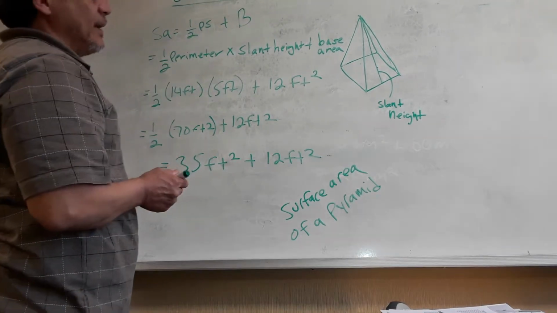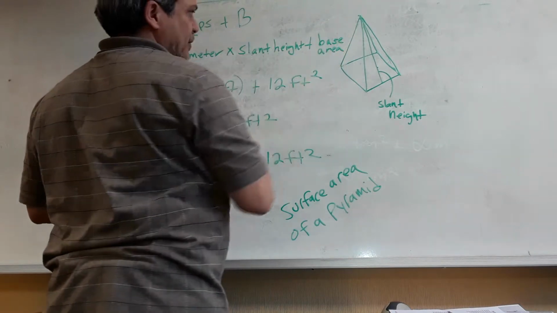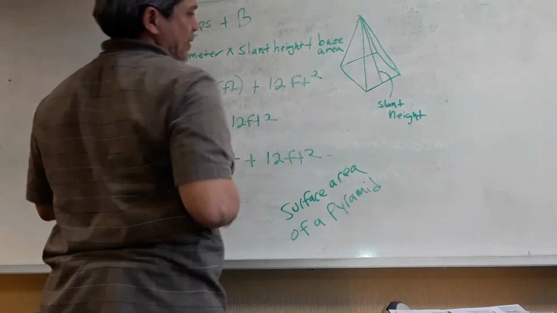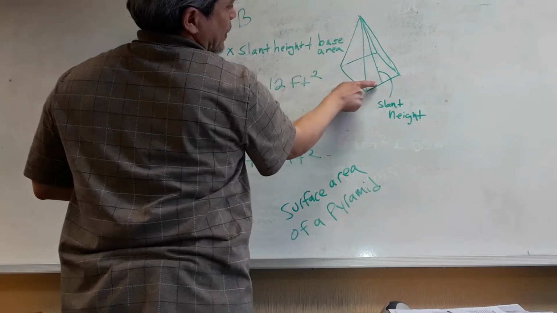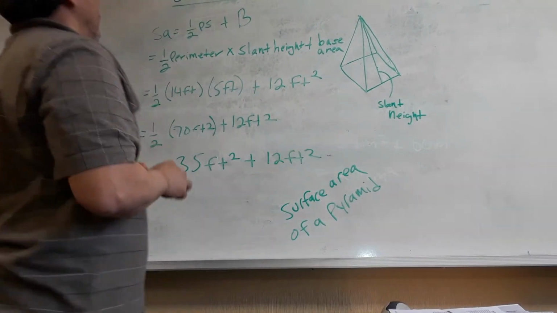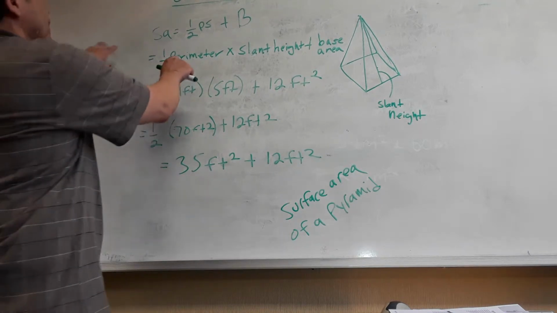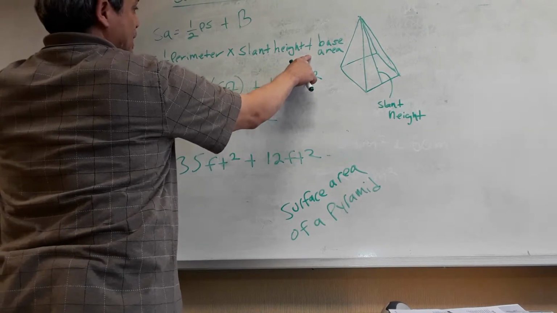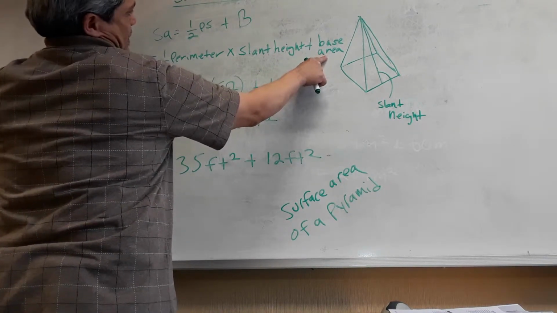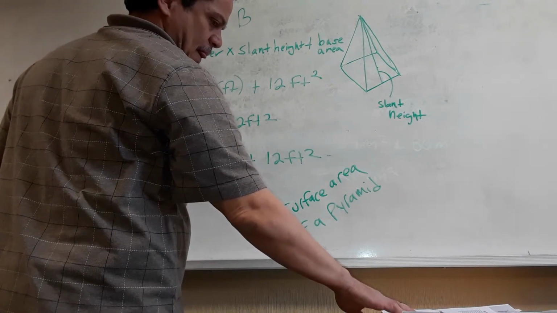Now the slant height is a line from the apex all the way down to the base. That's your slant height. So remember, 1/2 times the perimeter times slant height plus base area, or the area of the base.